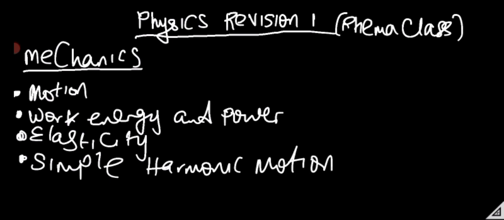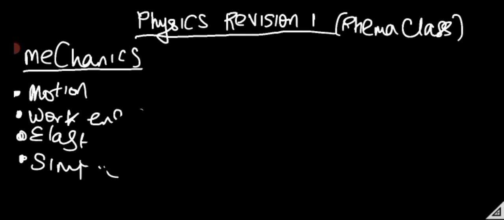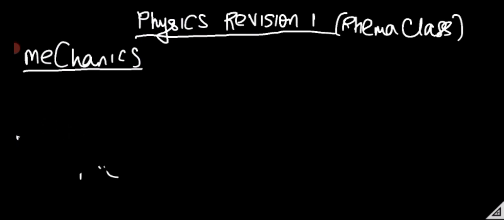So let's start from the first topic, which is motion. What is motion? Write it down. Motion can be defined as the change in position of a body from one point to another due to an applied force.